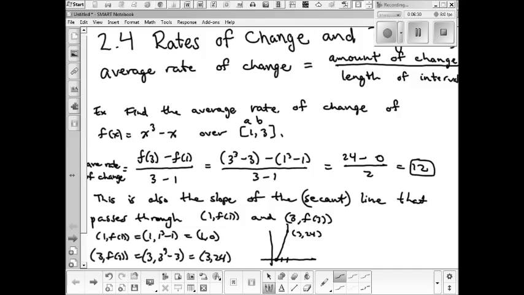And the line that we're dealing with is tangent, or excuse me, is secant to these two. So we're talking about a line which runs from here through here. And we just found the slope of that line.